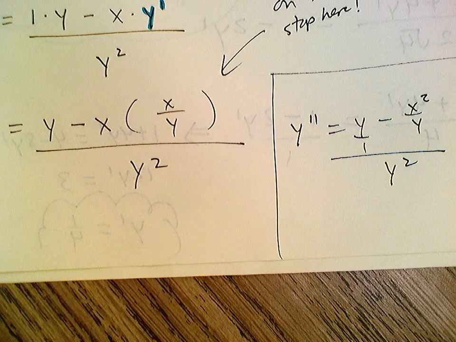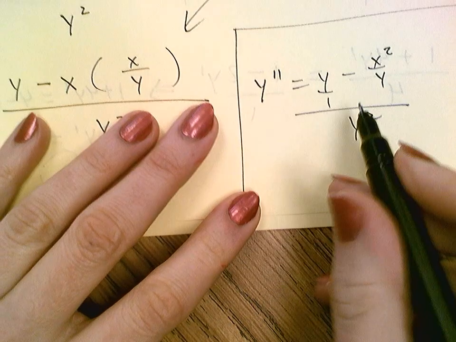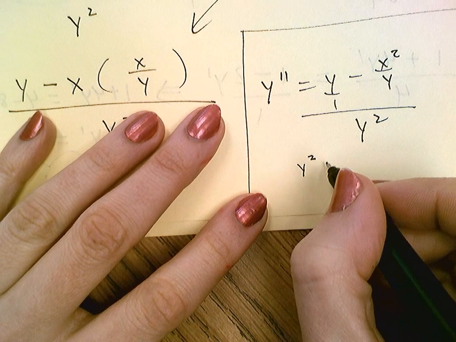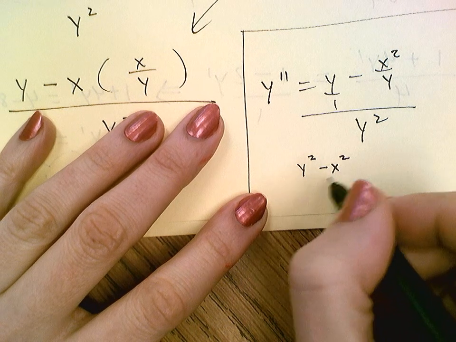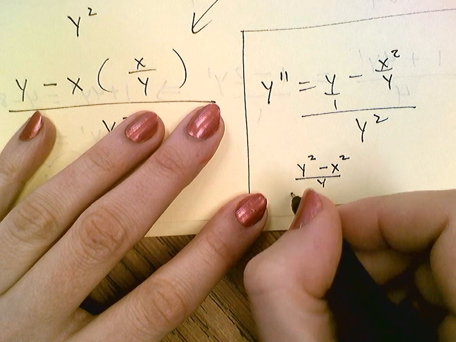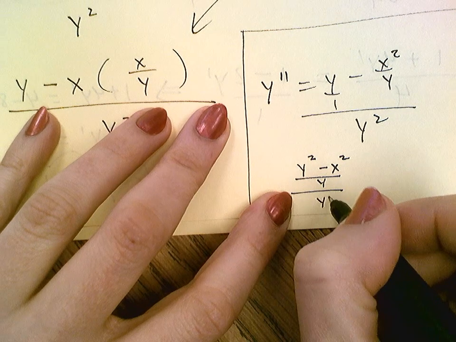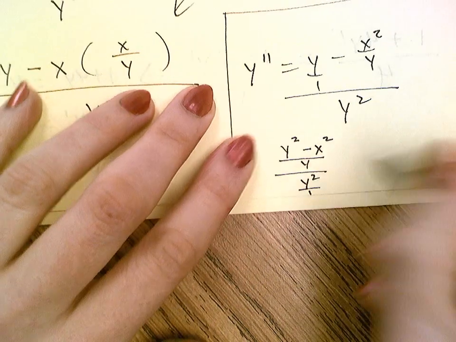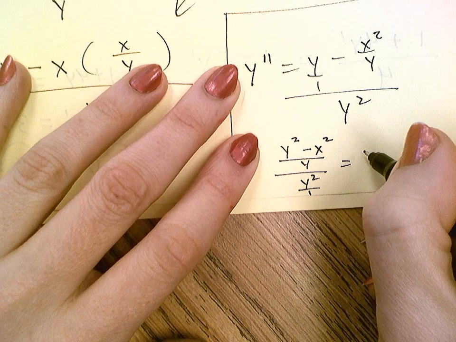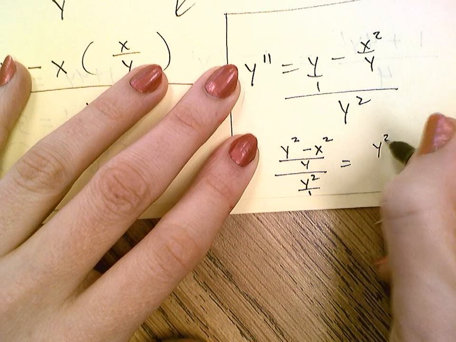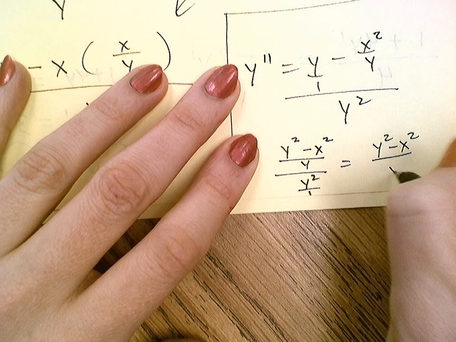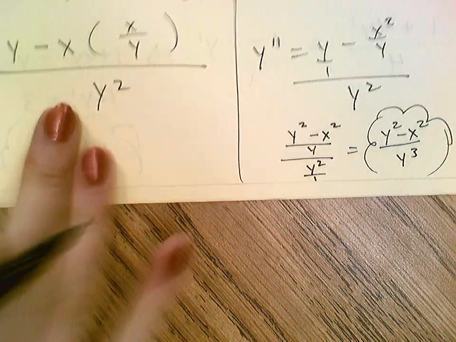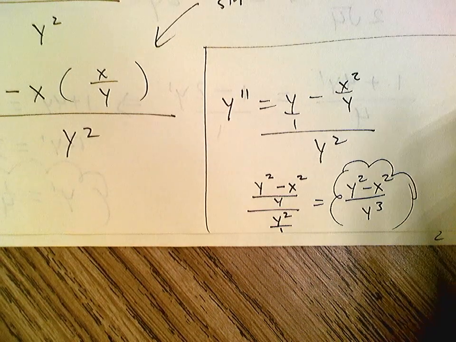Okay, and that's really that. And then you get common denominators, so it's y squared minus x squared over 1. Okay, and if you couldn't follow some of that, if I went a little bit too fast, make sure you understand this sort of algebra.